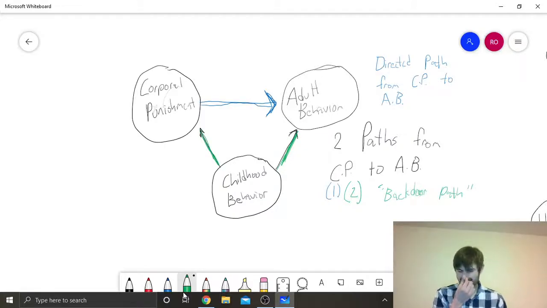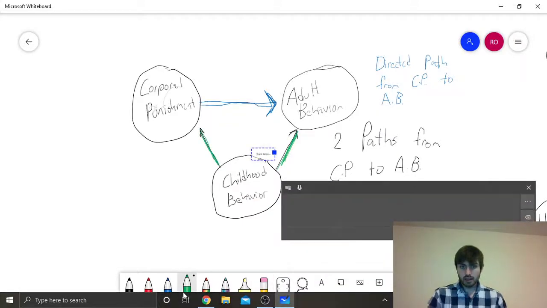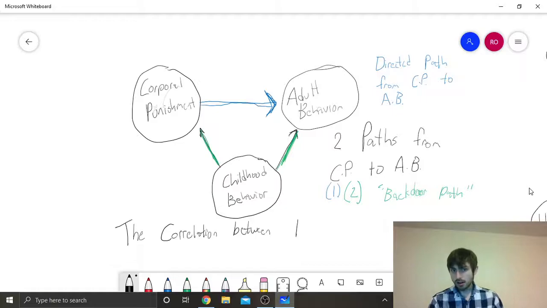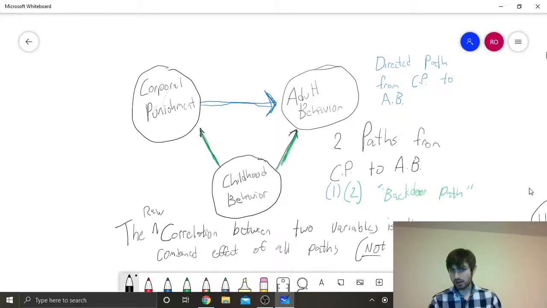Okay, and why does this matter? Well, the raw correlation between two variables is the combined effect of all paths, not all directed paths.